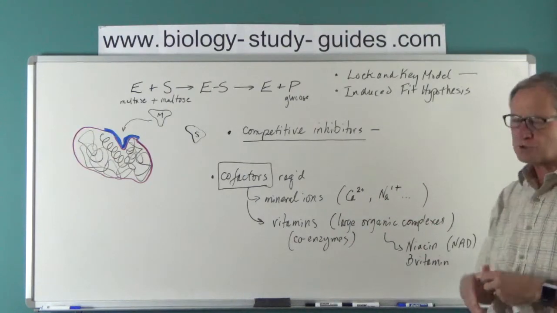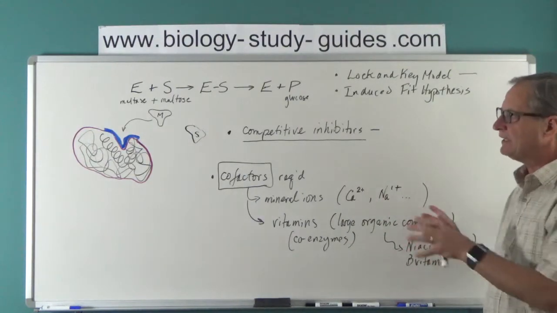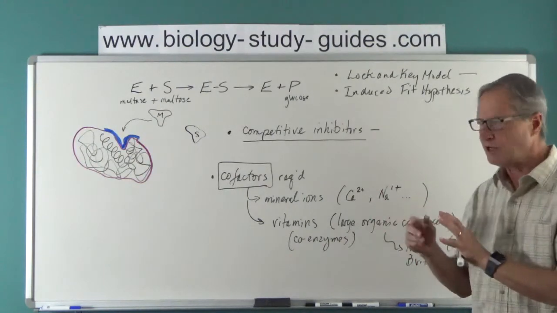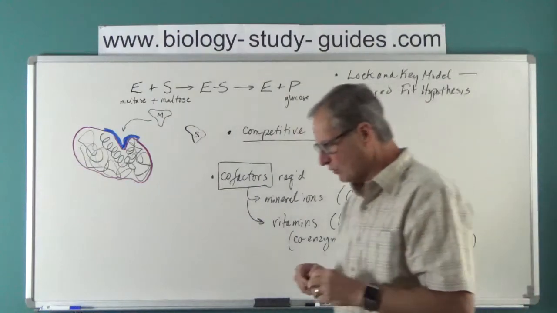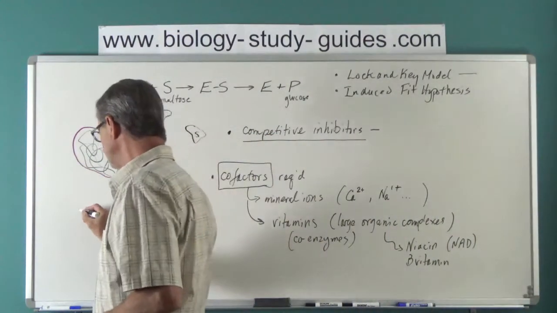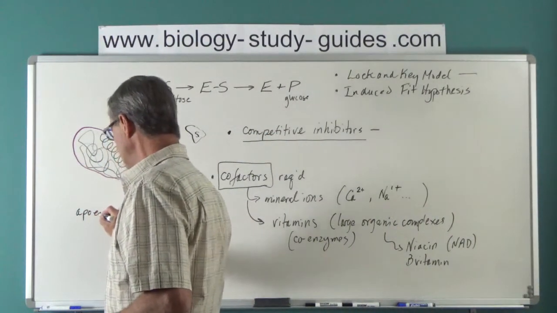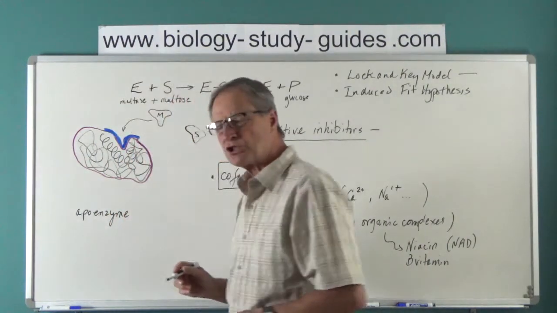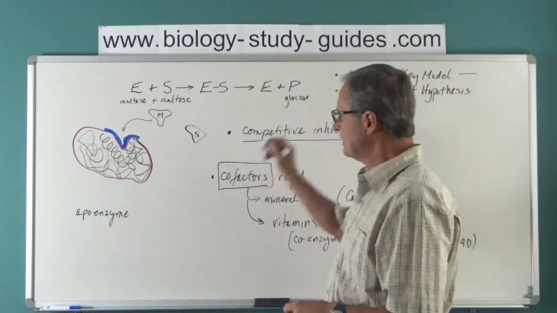Now, just before we leave this topic and get it ready for the third video, I want to introduce one more little bit here. There's a set of terminologies that is used in this topic.